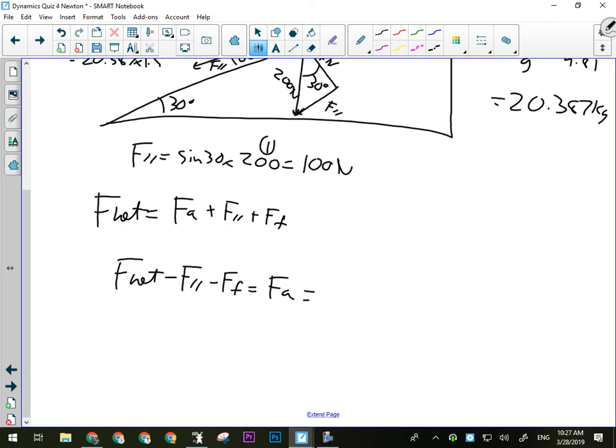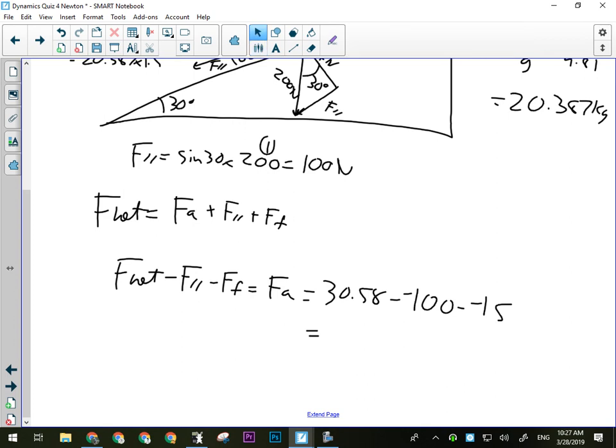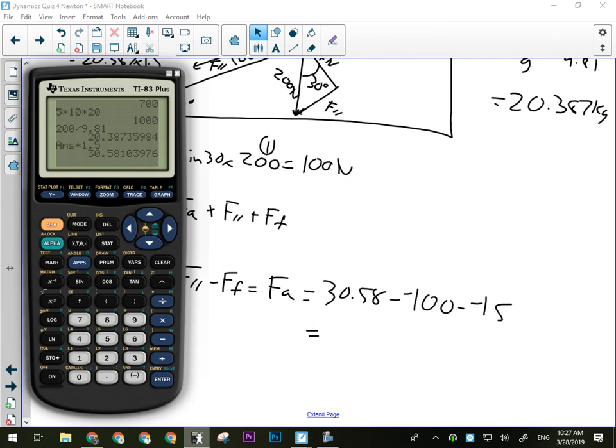So that will be 30.580 minus negative 100 minus negative 15, because those are down the ramp. So minus negative 100 and 115, we'll just say 115.